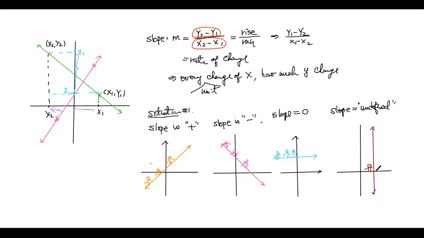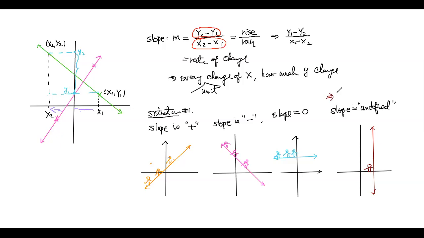So if you do your calculation and you get a positive slope, then you know your line is going up. If you get a negative slope, your line is going down. If you get 0, you're walking on flat ground. Then you might get an undefined slope. What does undefined mean?